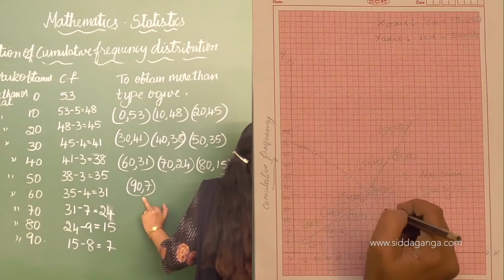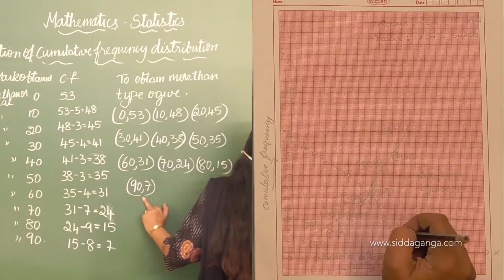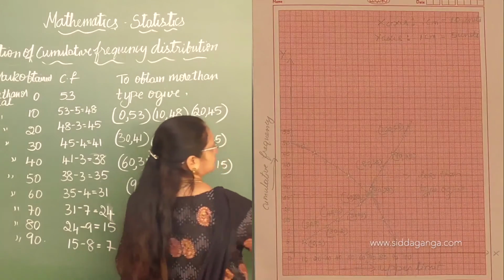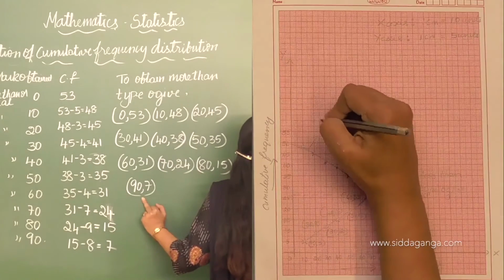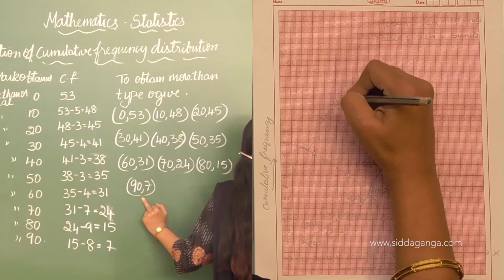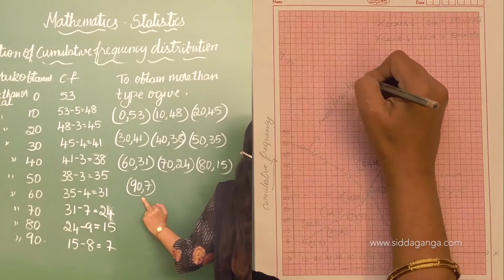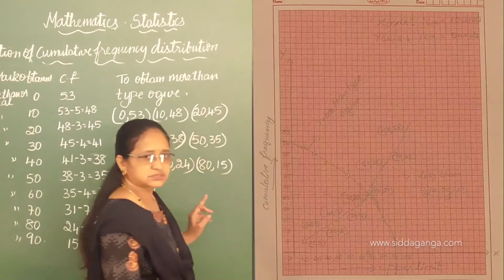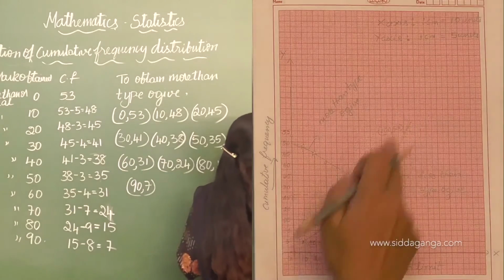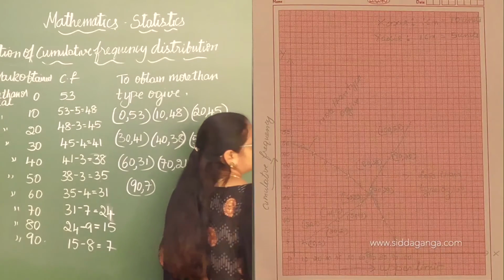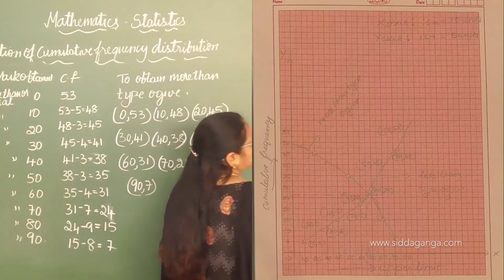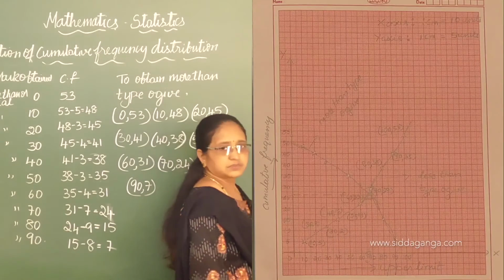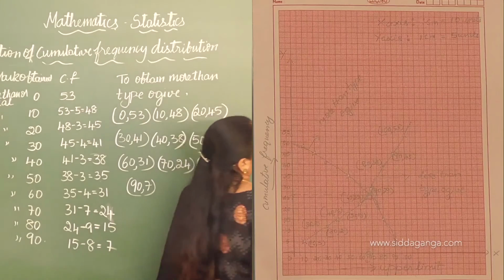So I told you, freehand. So this is the more than type ogive. Here also you can plot the points as usual, how I have drawn for this, and you have to write the lower limit. But can you see the intersection here? That is how you can identify the median.